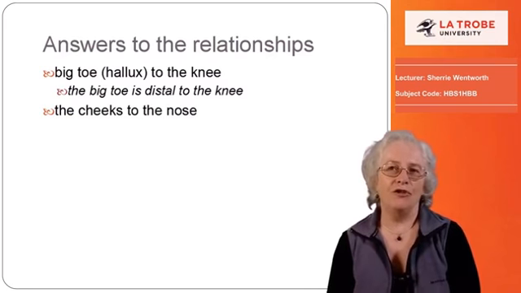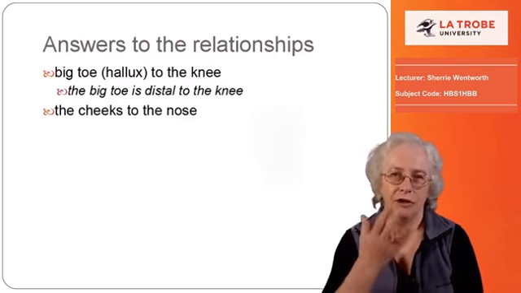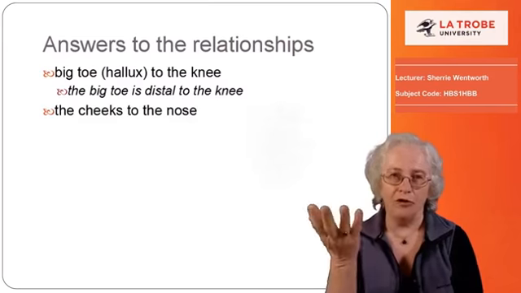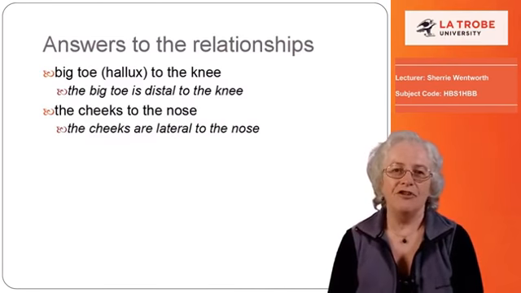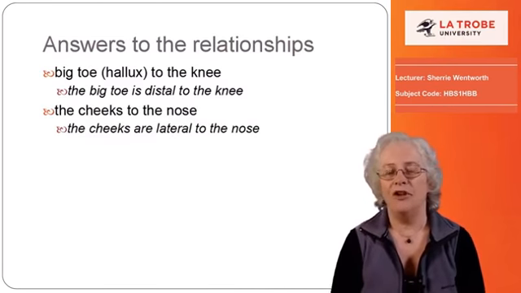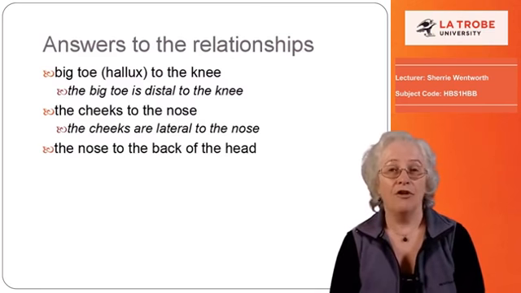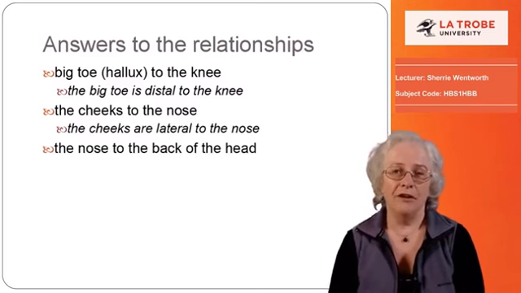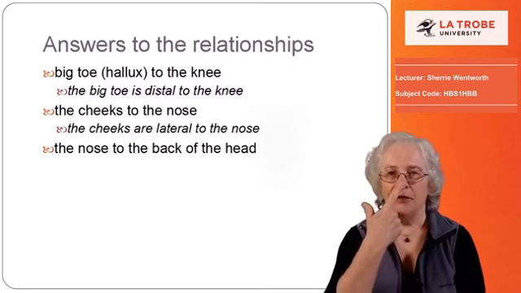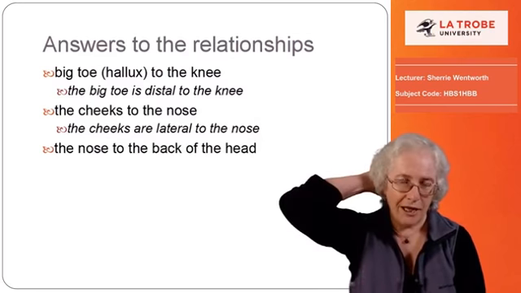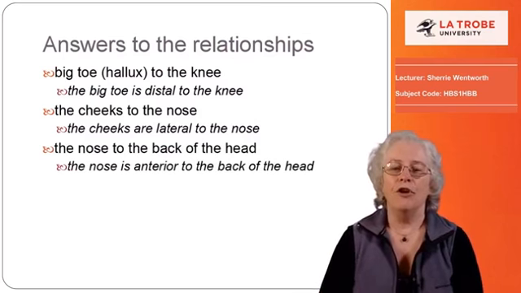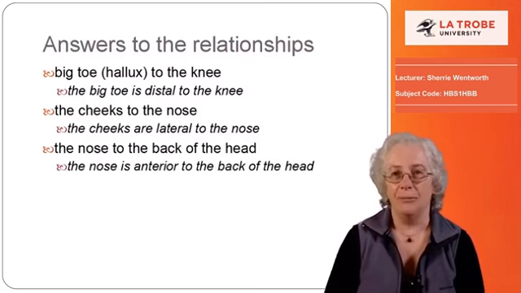Cheeks to the nose. Think about your face. So here's your cheeks, here's your nose. What's the relationship? Relationship can be described as the cheeks are lateral to the nose. Nose to the back of the head. So again, use your body. Here's the nose, going to the back of the head. The relationship, the nose is anterior to the back of the head.